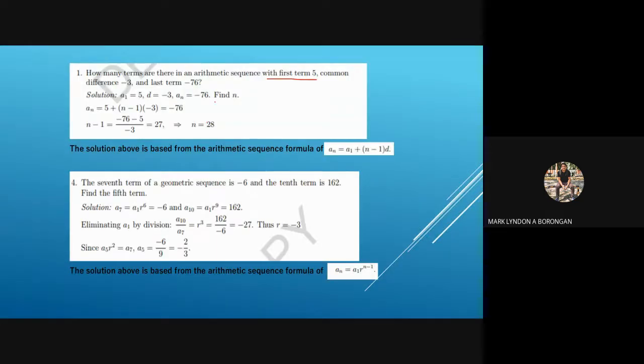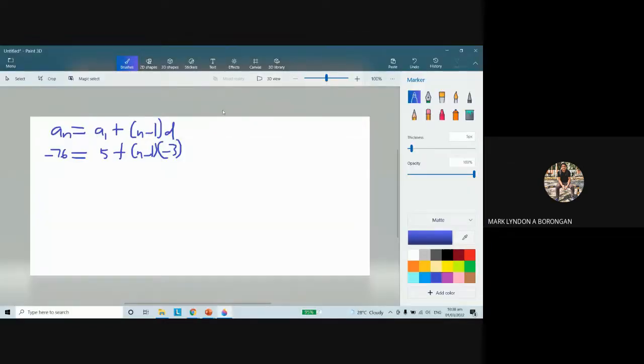Now, we will find n. So to find n, we manipulate the terms and simplify. Our first step is to transpose the 5 to the other side, leaving you -76 minus 5, right? It becomes negative. Then we have n minus 1 times -3.